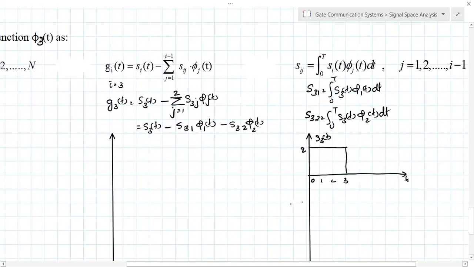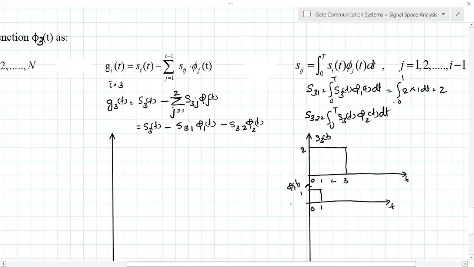Phi 1 of t we already evaluated; it's 1 from 0 to 1. So this is phi 1 of t. Now we can evaluate s31 by using this formula. We need to multiply s3 of t and phi 1 of t. So it becomes 0 to 1, and the first signal amplitude is 2 and the second signal amplitude is 1, times 2. So you'll get 2. Okay, and the remaining values are 0.